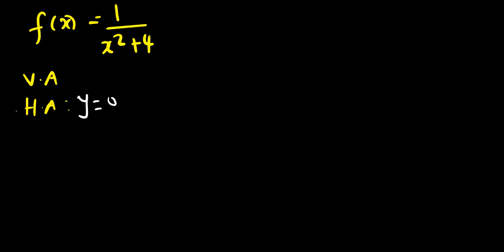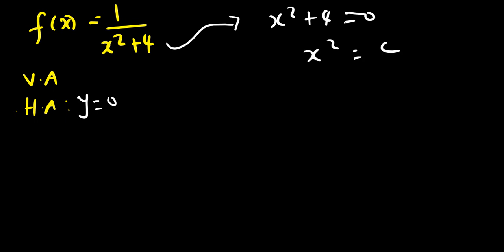Then for your vertical asymptote, you equate the denominator to 0, so x squared plus 4 is equal to 0. So x squared is equal to negative 4, because when the 4 went to this side it became negative. Then you take the square root.